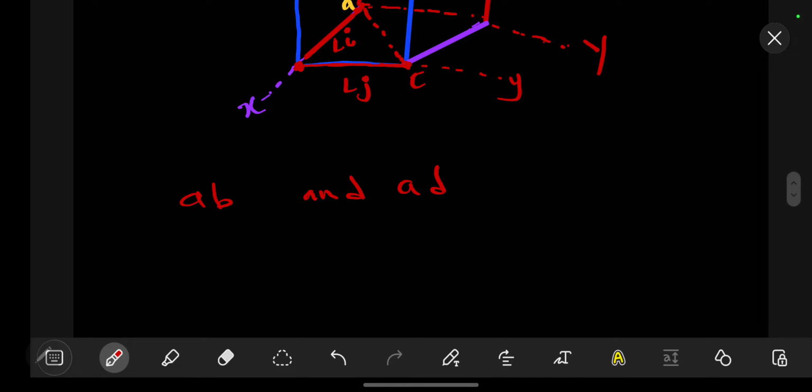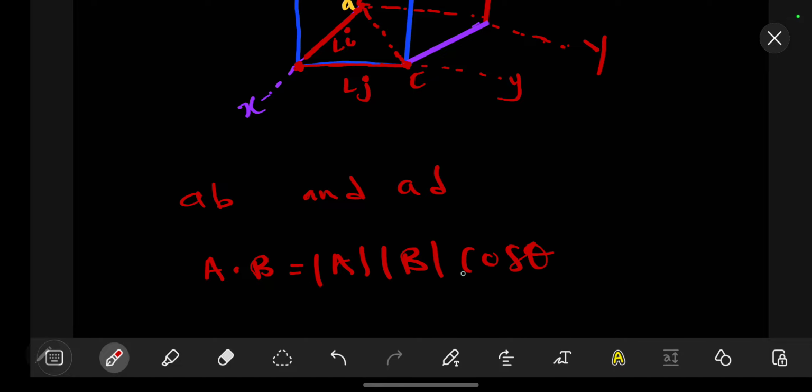So in order to get the angle, we know we are going to use the dot product. We know that A dot B should be equal to the magnitude of A times the magnitude of B times the cosine of theta. They want us to find the angle. So this is the formula connecting the dot product and the angle.